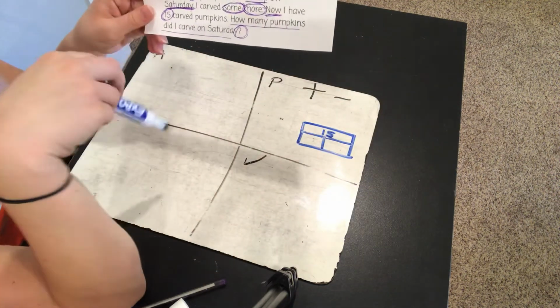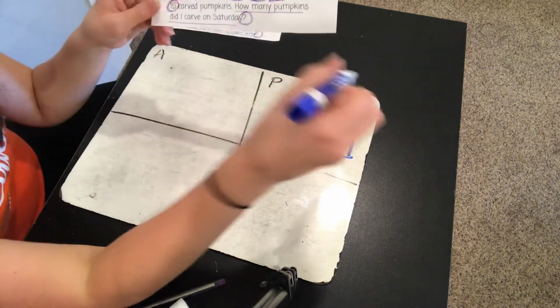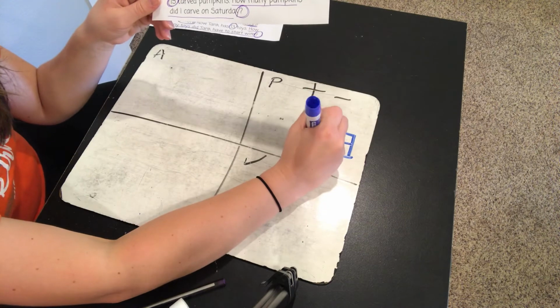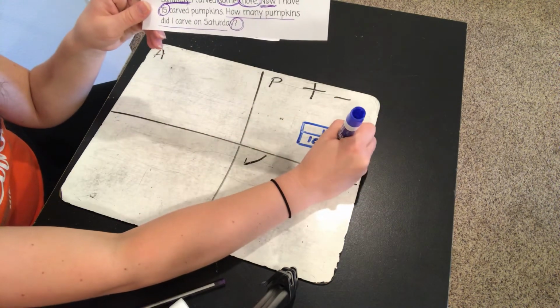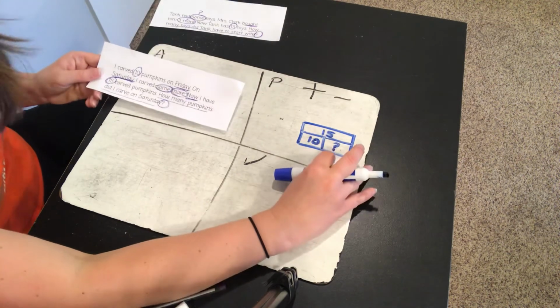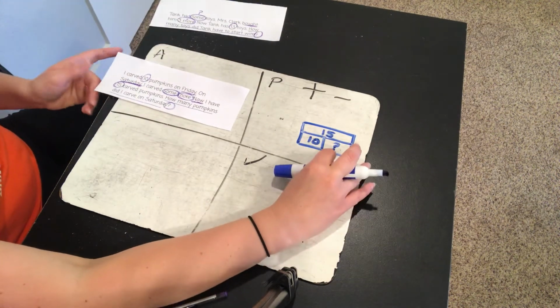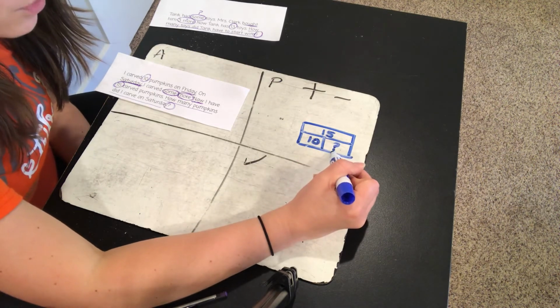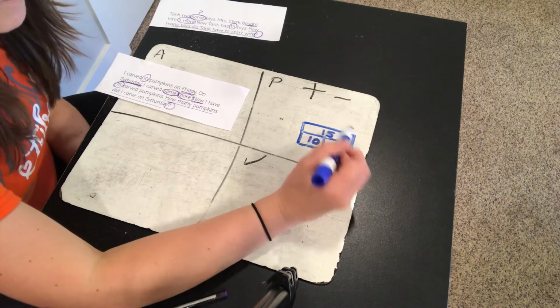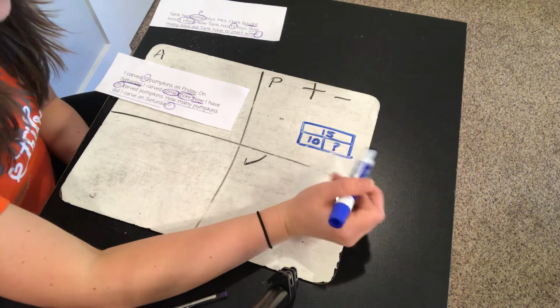For parts, let's see. I had 10 pumpkins, and then on Saturday I carved some more. So that's the part that we need to solve, is this other part that's missing, the Saturday part. Friday there were 10, Saturday there were some more, now total there are 15.